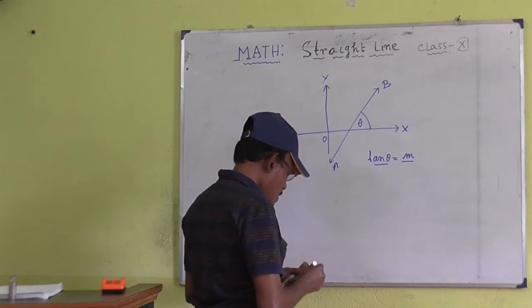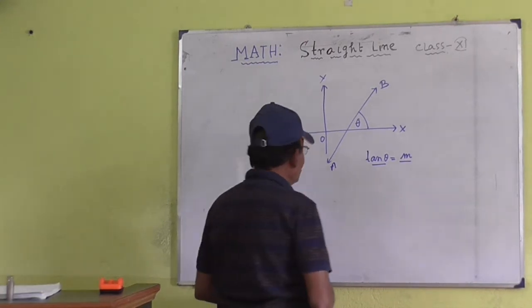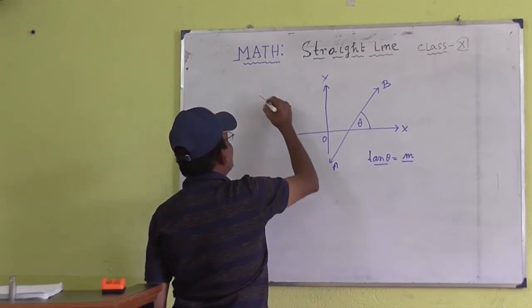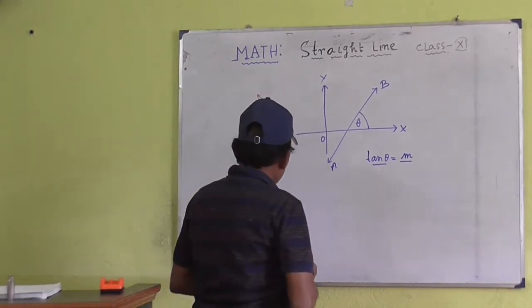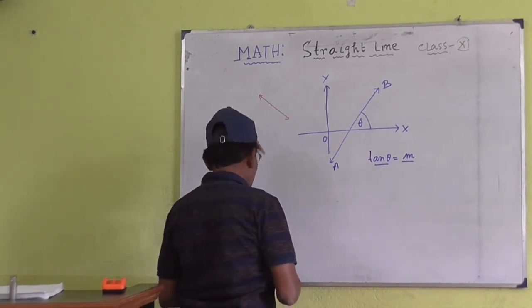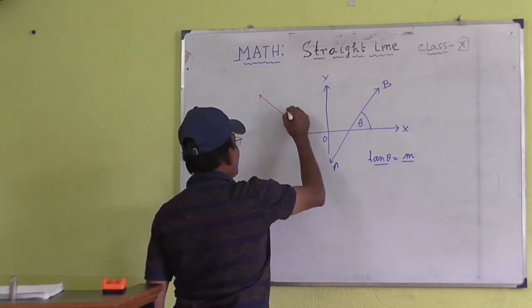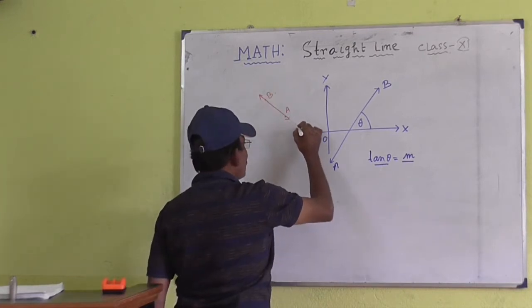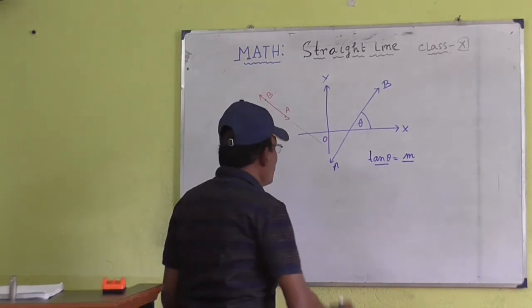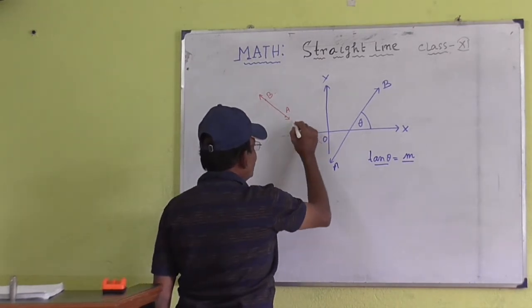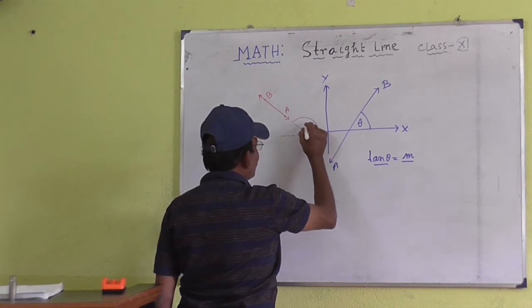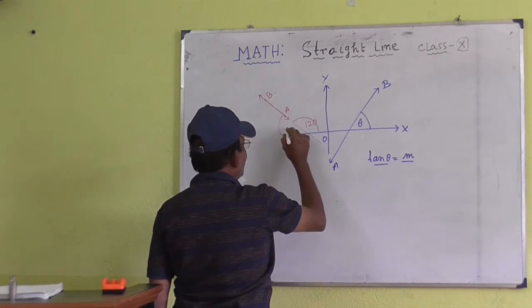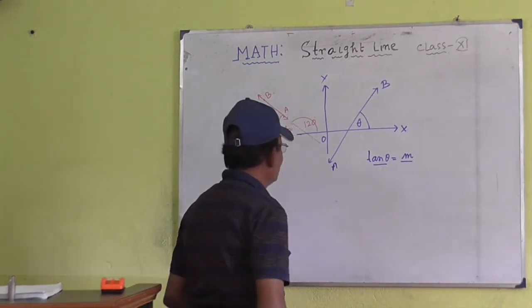Okay. If we draw another line, let us take this line and name it A and B. If we produce it in such a way that it makes angle theta with the positive direction of the x axis, let us take 120 degrees, and this is 60 degrees.